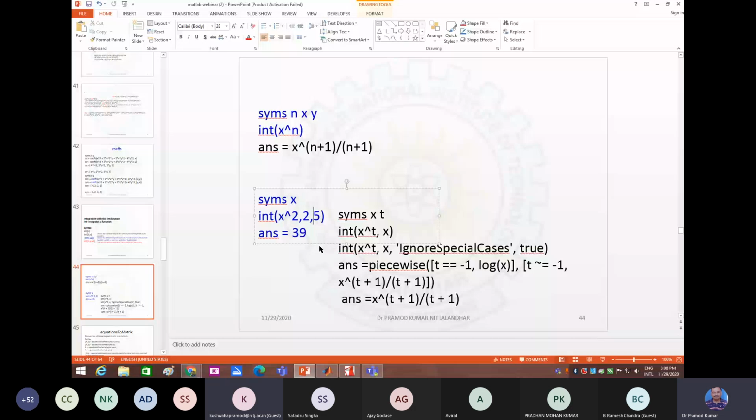You can try x cube. Here answer is given 29. Suppose we have the x cube, what will be the answer? You can write in chat box. x cube, int x integrate from 2 to 5.